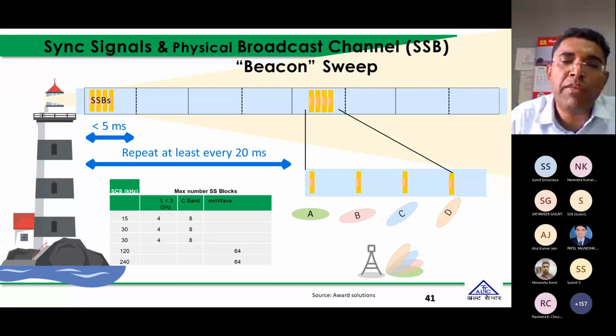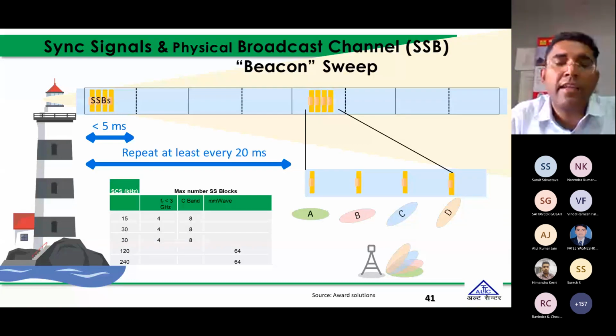Within 5 milliseconds is the burst period. The burst period is also known as the group of SSB blocks. Less than 3 gigahertz has 4 SSB blocks in the group. In the case of C band, it is 8 SSB blocks in the group. In the millimeter wave, there are 64 SSB blocks.